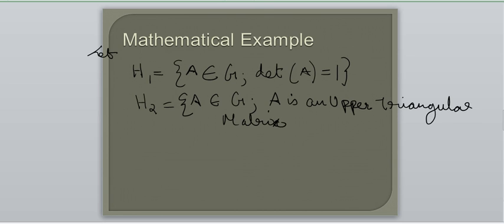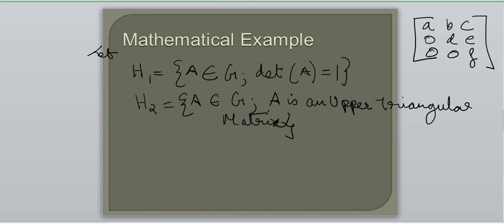What is an upper triangular matrix, students? Very simple. Let me show you. Say I have the diagonal entries a, b, c, then 0, then d, e, then 0, 0, and say f here. Can you see this is forming a triangle?